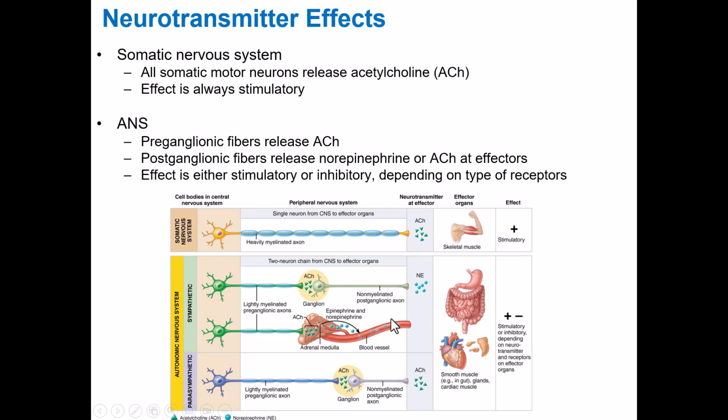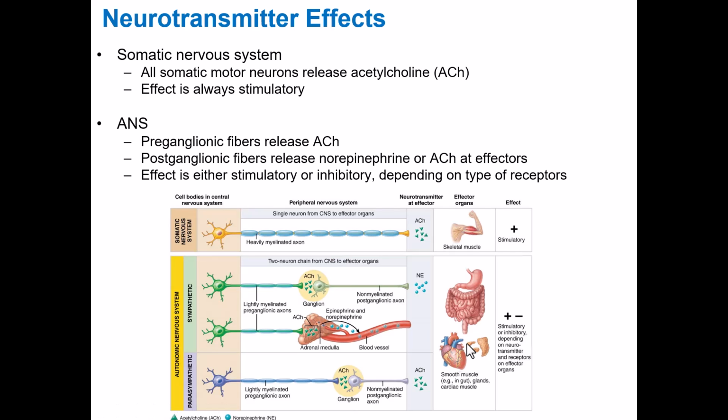The last way that the somatic and autonomic nervous systems are different is in the effects of the neurotransmitters. So if we're talking about neurons that are trying to send motor information to an effector, to a skeletal muscle, if you're talking about the somatic nervous system, or to smooth muscle, cardiac muscle, and glands, if you're talking about the autonomic nervous system.